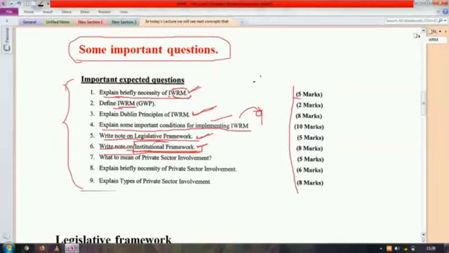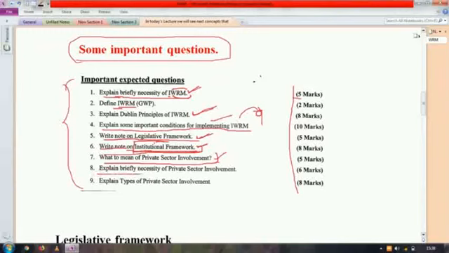That is institutional. Then the next question is: what do you mean by private sector involvement? What are the private sector involvements and how do they take a major role in water resource systems? You need to explain the private sector involvements.